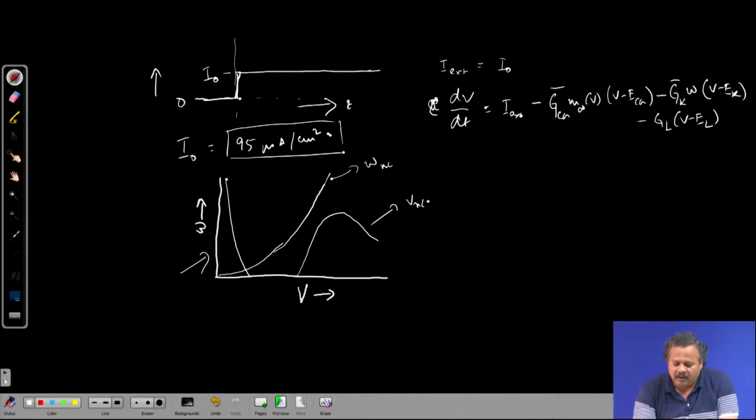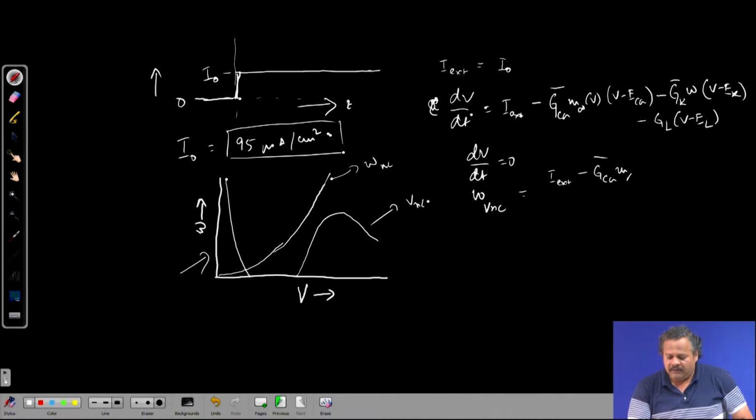Now we have dV dt equals 0, and if we get the W values at the V nullcline, by replacing dV dt by 0 and equating the rest to 0, this W nullcline turns out to be I external minus the G calcium term with M infinity V minus E calcium minus G leak V minus E leak, divided by G K bar V minus E K.